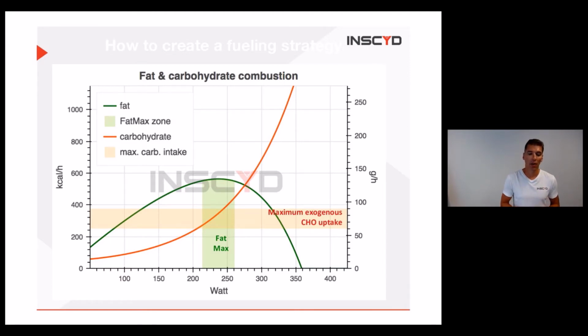In the graph here, you can see we've marked this fat max zone, the apex of the green curve, which is only displayed in kilocalories per hour. The carbohydrate is also represented on the right y-axis in grams per hour, just because it's easier. You can take a look at your energy bar or gel and read, okay, that's approximately 20, 25 grams-ish. It's just more practical.